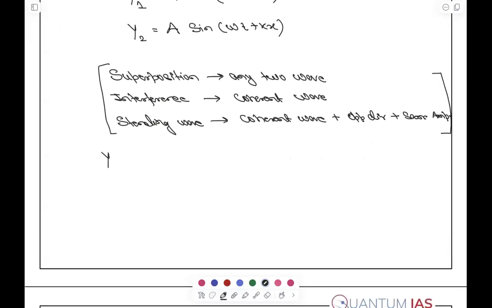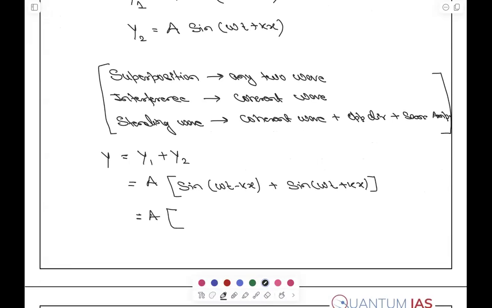Now y equals y1 plus y2. You tell me what will come. It is A sin omega t minus kx plus sin omega t plus kx. Do the calculation first, before me please.